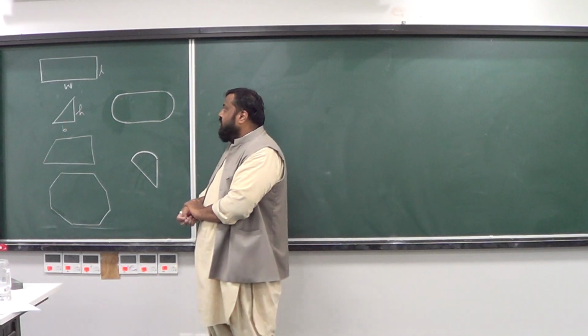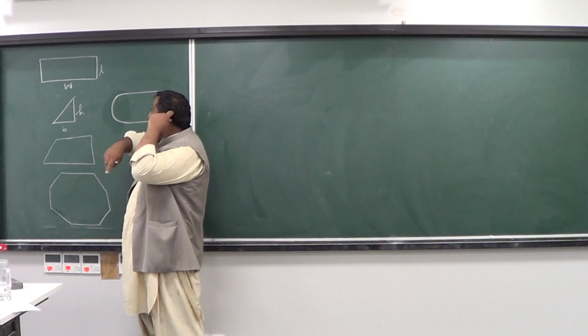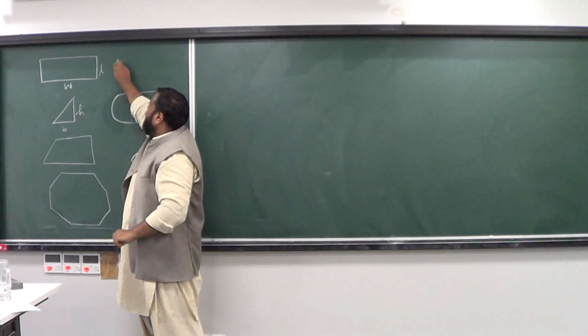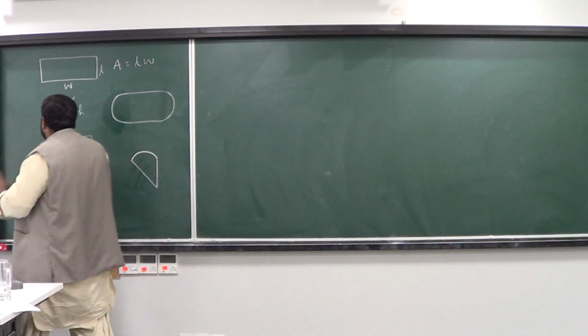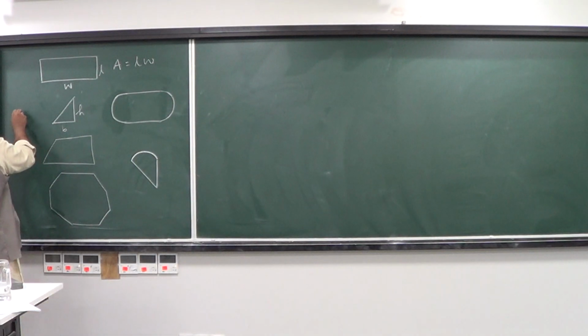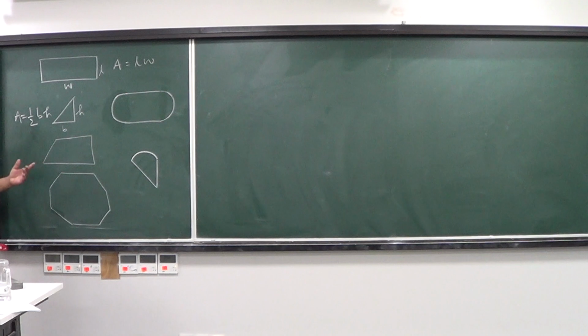Now, we are used to finding the areas, for example, of rectangles and triangles. For a rectangle, I know that the area is length times width. For a triangle, I know that the area is one half of base times height. Okay, this is what the area really is. And how do you get this area?